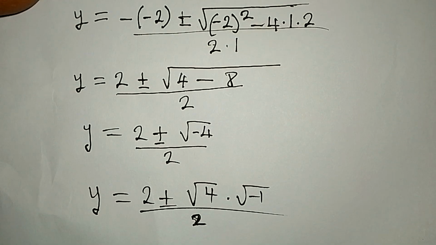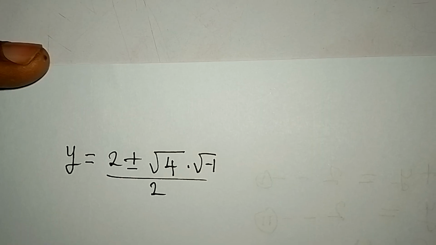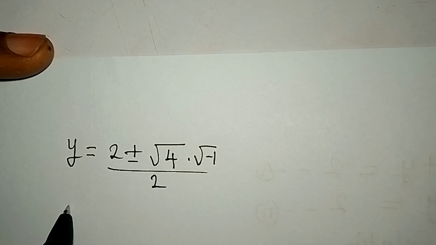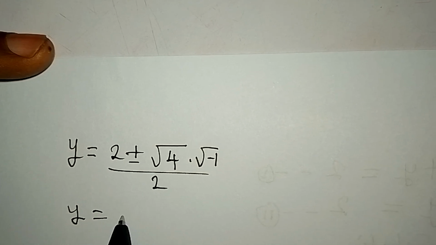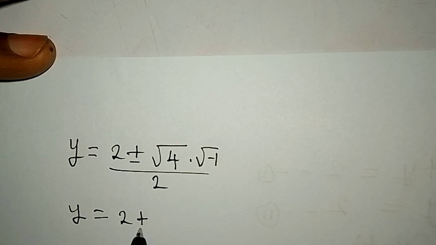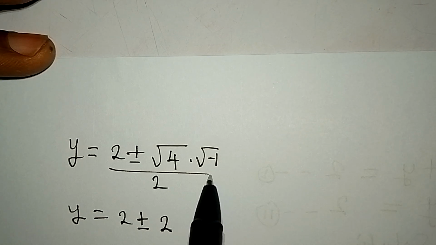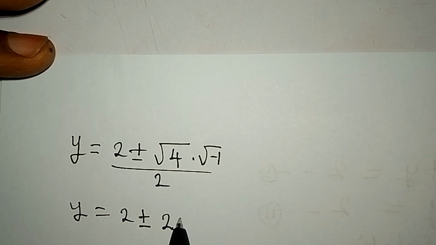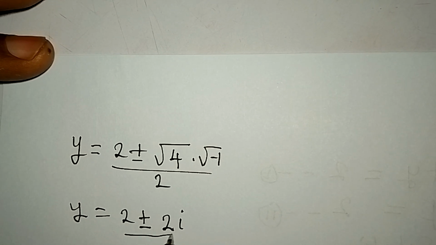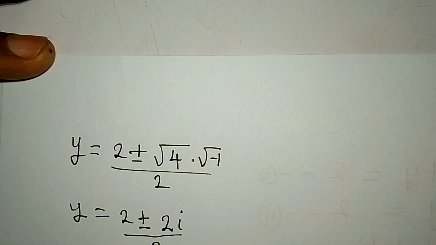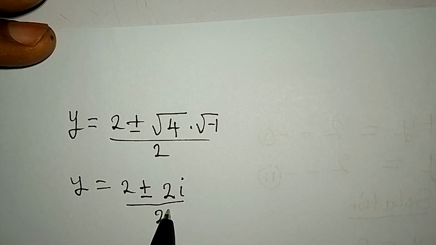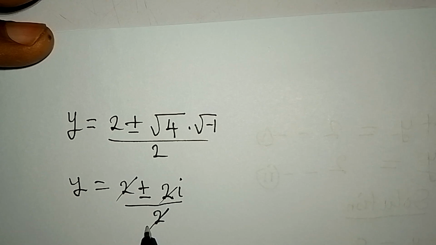Okay, so let's continue. y now will be equal to 2 plus or minus square root of 4, which is 2, and square root of negative 1 is imaginary, so we write i. So this is going to be over 2. Now, what do we see? 2 can go here and it can go there as well.